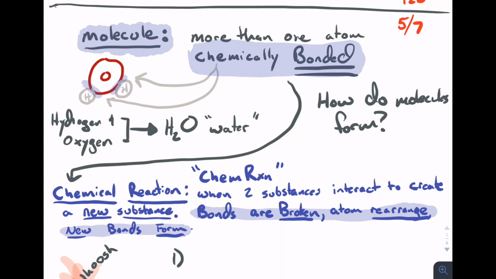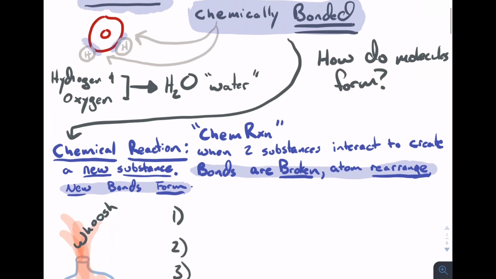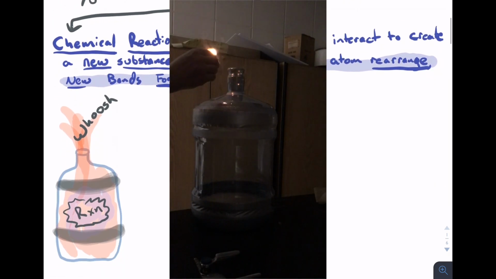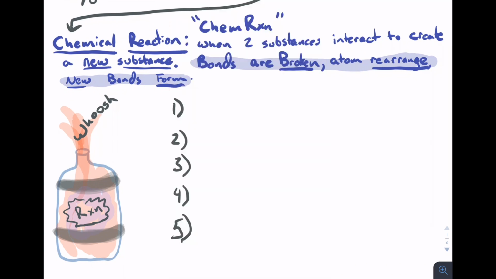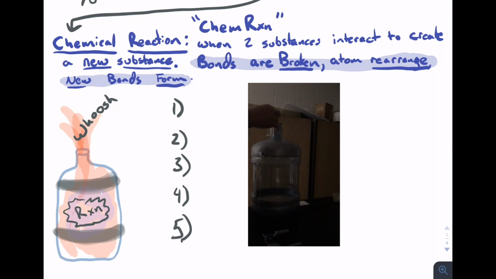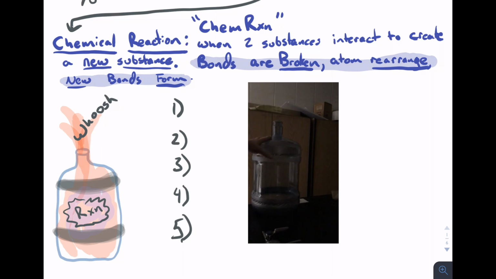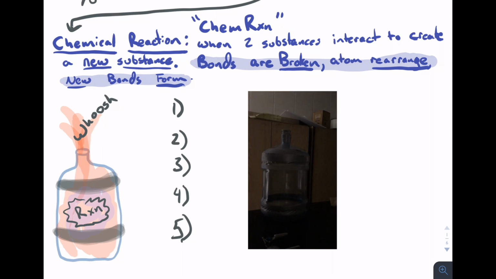What we did in class to demonstrate this is I showed a chemical reaction. It looks something like this, and I'll try to put together a video to throw it there. It was called the whoosh bottle. When we saw the whoosh bottle, you see me strike the match. That's me adding energy in the first place.